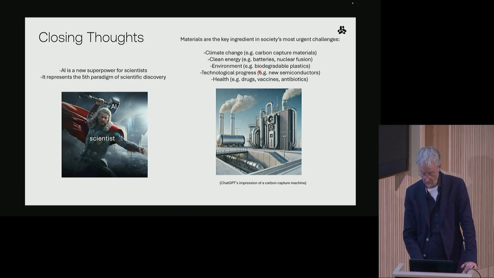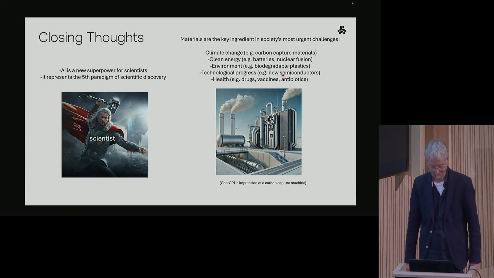Then environmental, like biodegradable plastics, for instance, or health, which is vaccines, drugs, antibiotics, but also things like semiconductors, better chips. We are getting to the end of Moore's law, and we need new semiconductors soon, and this will also help us design better materials for chip design. And I hope that's in time, so I'll stop there.